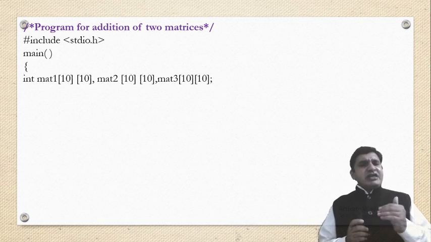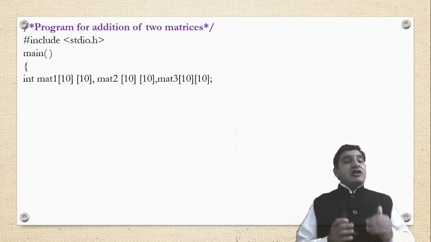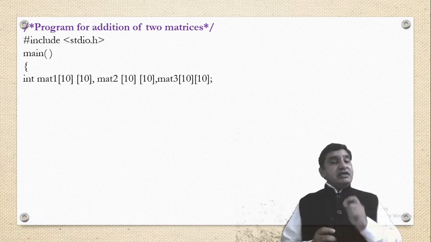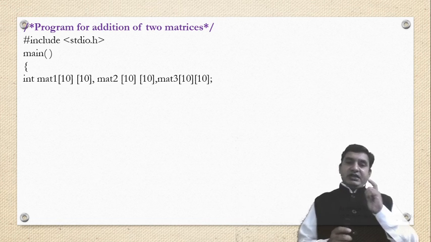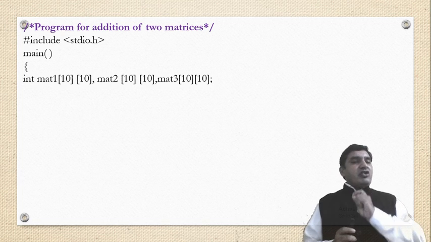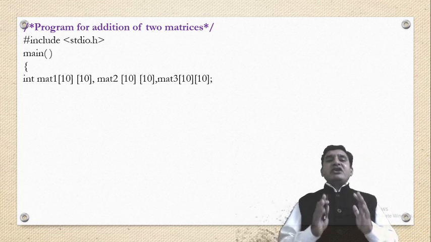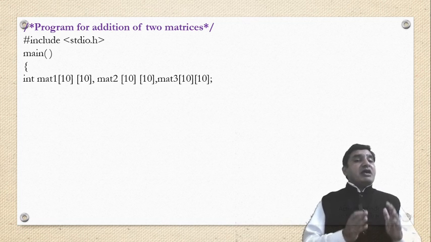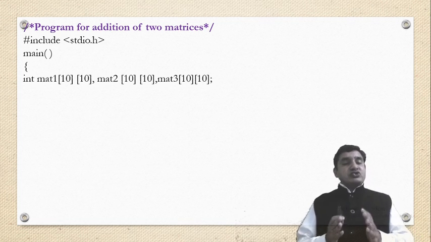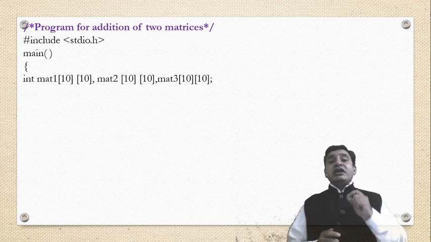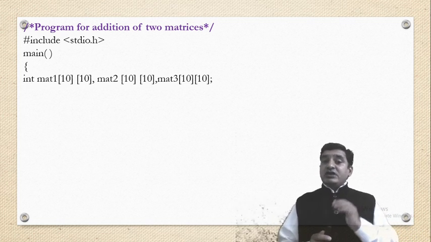Okay, this is actually the maximum size of a matrix. Then the second matrix is again a 10 by 10 matrix, number of rows 10, number of columns 10. Matrix 3, after addition of matrix 1 and matrix 2, we get matrix 3, which is also a 10 by 10 matrix.